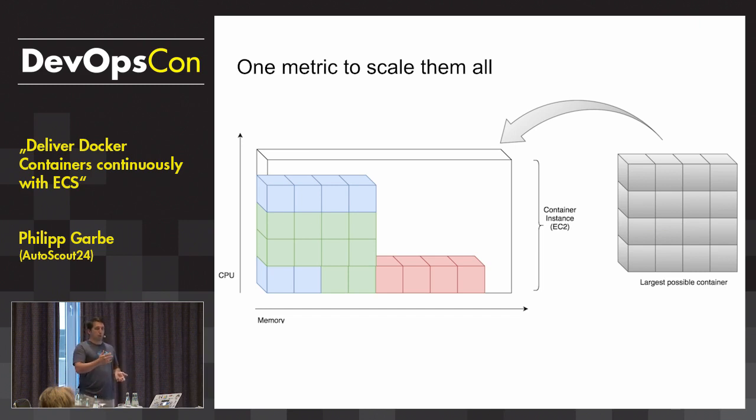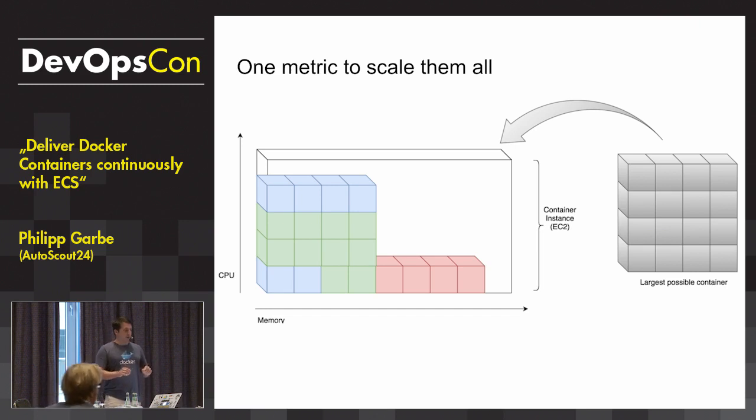When it gets below a specific threshold, for example 1, if you cannot place any further container, then we say, okay, now we have to scale out. The same applies if we want to scale in. You say, okay, if we have free capacity for at least, for example, 3 of our maximum containers, then we have enough capacity and we can scale in the cluster again. And that works very well. It's just a small Lambda which writes the numbers, and then everything else works out of the box with the normal AWS tools.